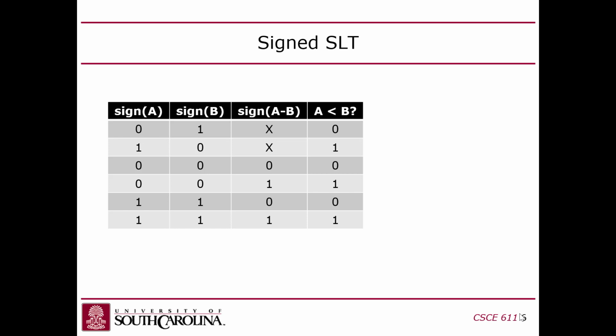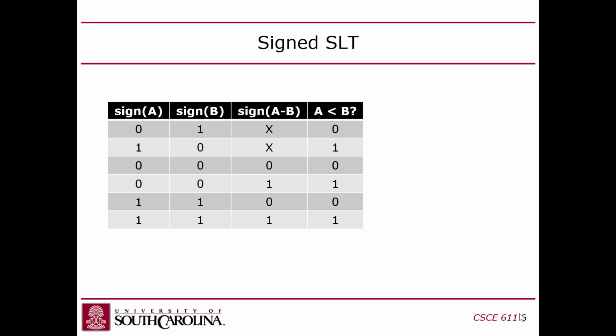So if A has a sign bit of 0, that means A is a positive number or 0. If the sign bit of B is a 1, that means it is negative, right? So if A is 0 or positive and B is negative, then the sign of the difference doesn't matter because you know that A must be greater than B, right?